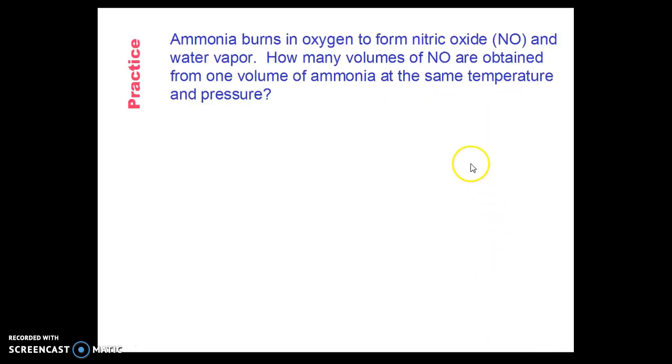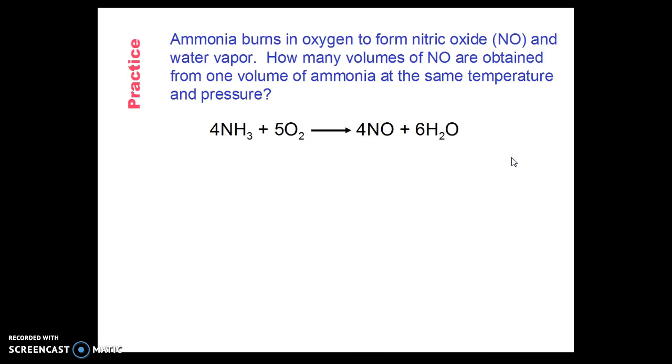Here's a practice problem. Ammonia burns in oxygen to form NO and water vapor. How many volumes of NO are obtained from 1 volume of ammonia at the same temperature and pressure? We first, of course, need a balanced chemical equation, which you see here. 4 moles of ammonia form 4 moles of nitric oxide.